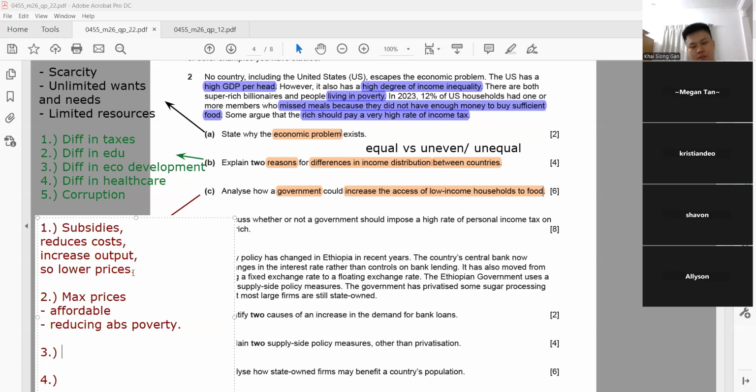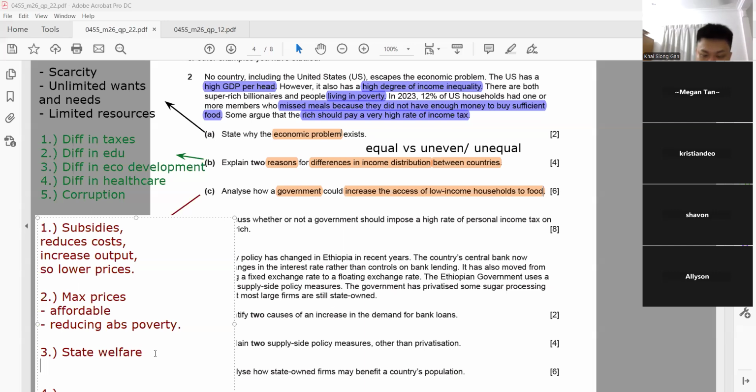You can talk about public welfare, or what we call government welfare or state welfare. Welfare benefits can, but you need to explain this one. How state welfare or government welfare helps the poor, the low income household to access food. Yes, can, Cindy, that one can. State welfare can, but how?